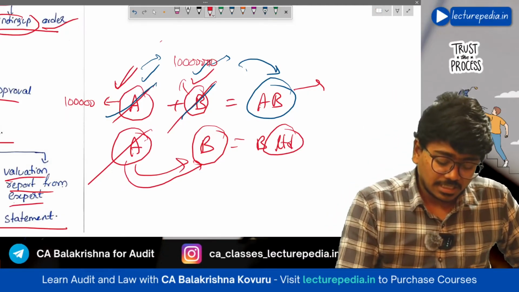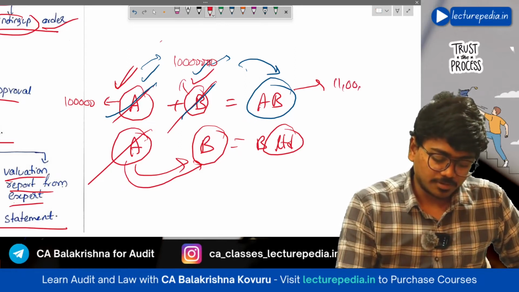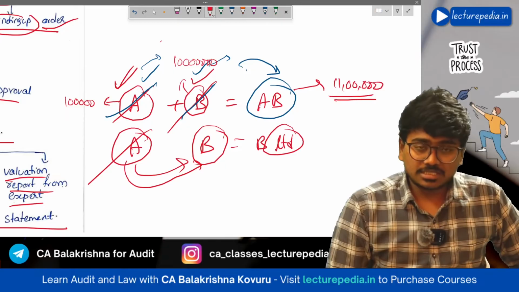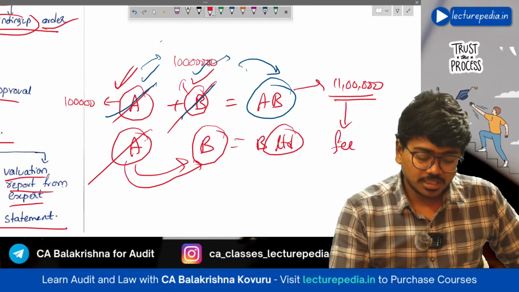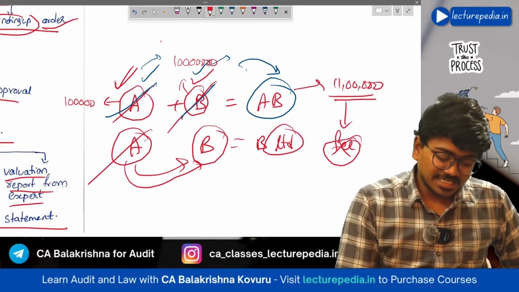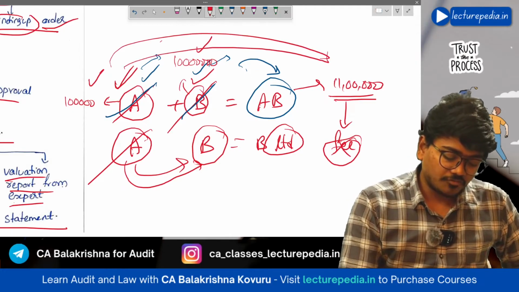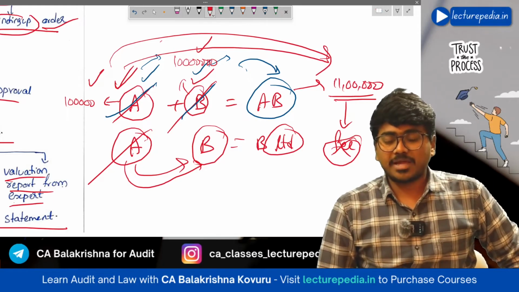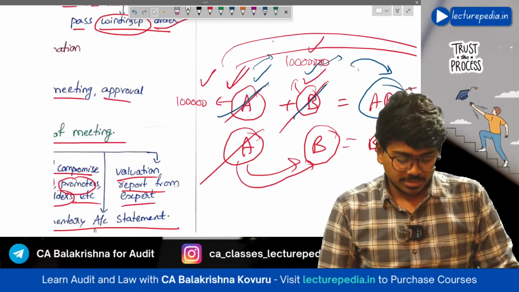Let's say it has kept its authorized share capital as 11 lakh rupees. Now, for this authorized share capital, AB Limited again need not pay fee to the MCA. The fee that has already been paid by A Limited and B Limited will be set off against the fee that has to be paid by AB Limited for its authorized share capital. Hope that is clear.